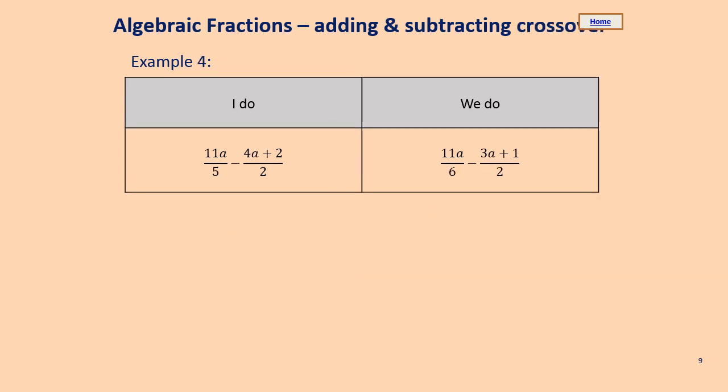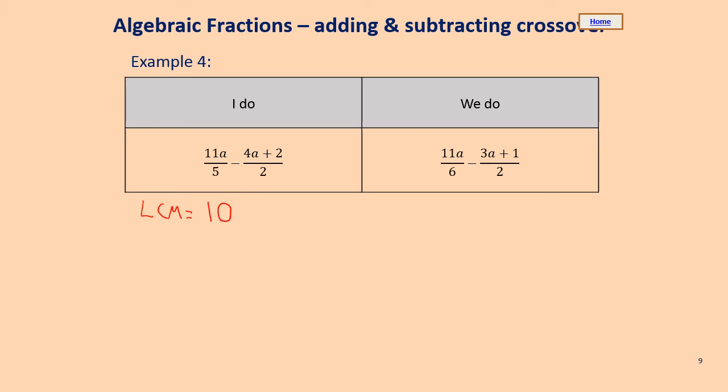So here we've got 11a over 5 minus 4a plus 2 over 2. So again, uncommon denominators. So pick the lowest common multiple of 5 and 2. Have a think about that for a sec. And the lowest common multiple of 5 and 2 is going to be 10.